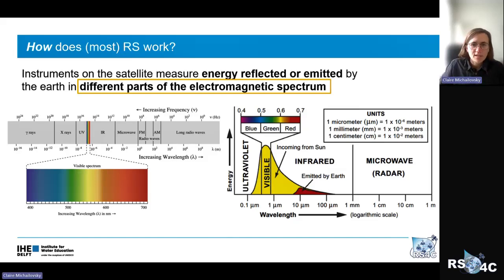The image on the left-hand side gives us, for all the different wavelengths, the names of the radiation. You probably recognize some of these names.